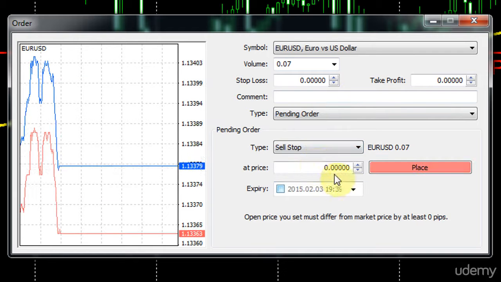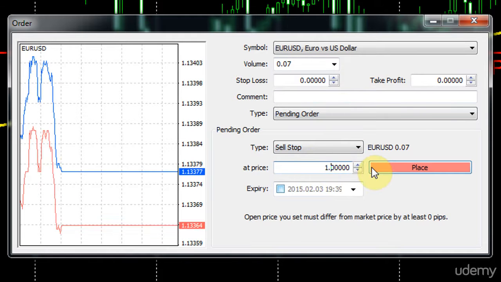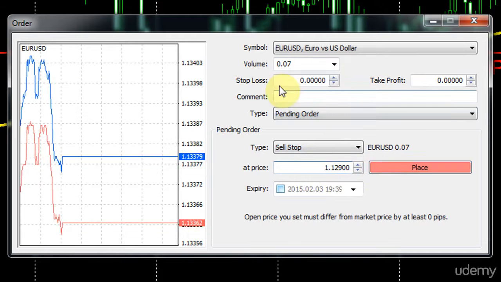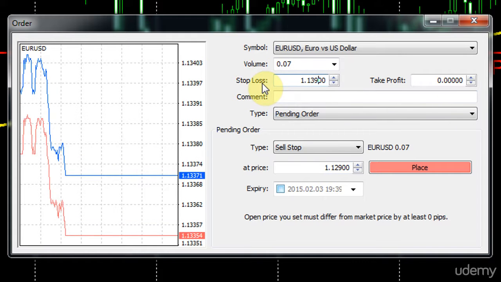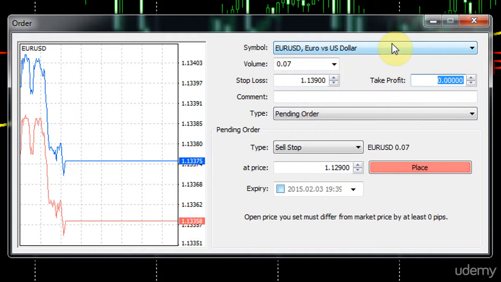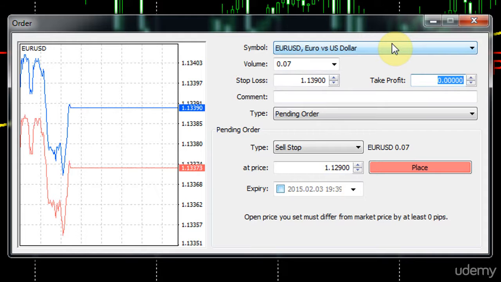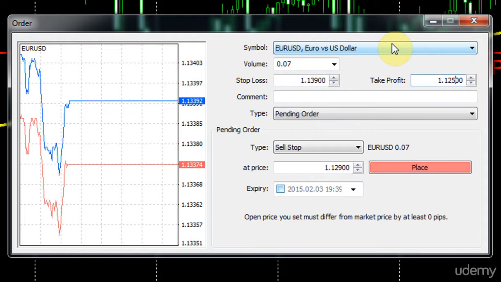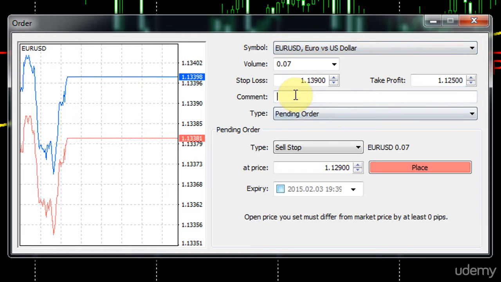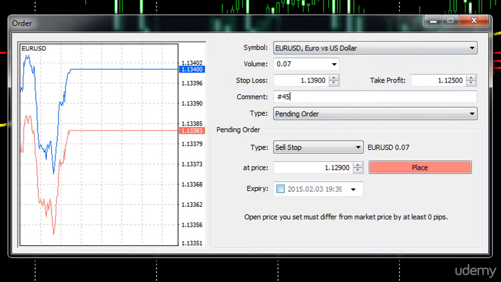The price is going to be 1.1290. The stop loss, as we agreed, is 1.1390. The take profit, I've got it written down here, so it's going to be 1.1250. And comment: order number 5, sell stop.